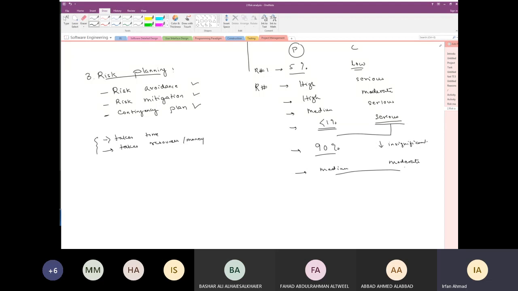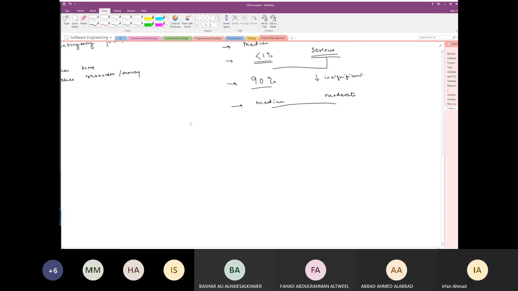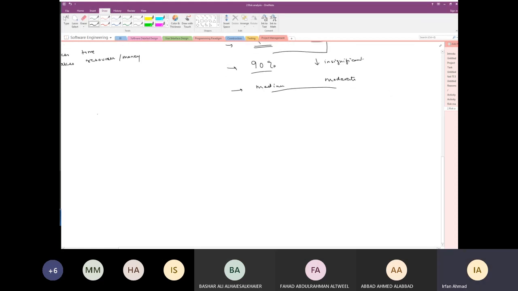So we go now to the last part of risk management. And this is the idea of what we call risk monitoring, right? So what's the idea of risk monitoring?